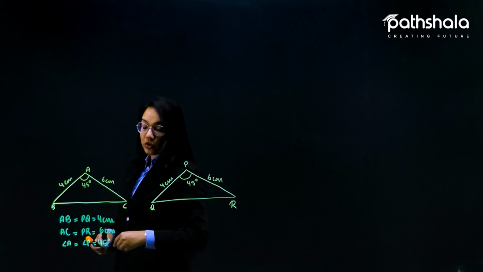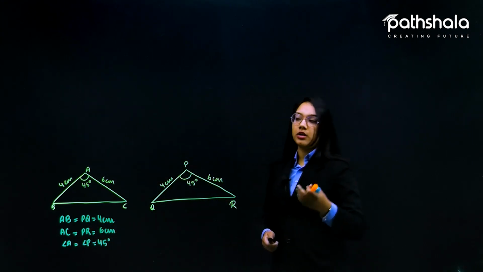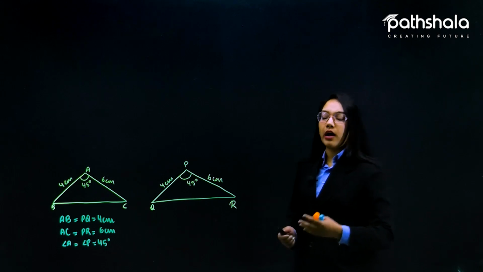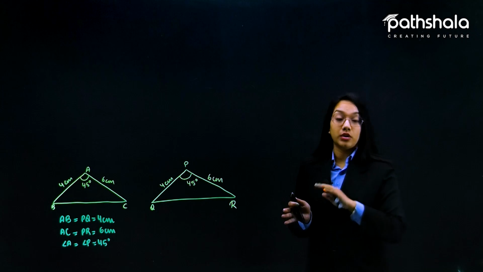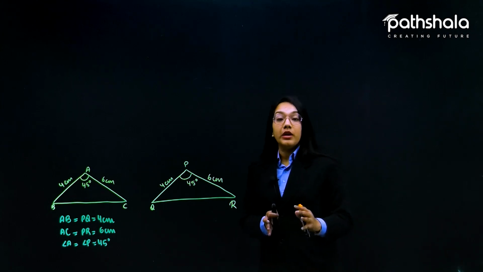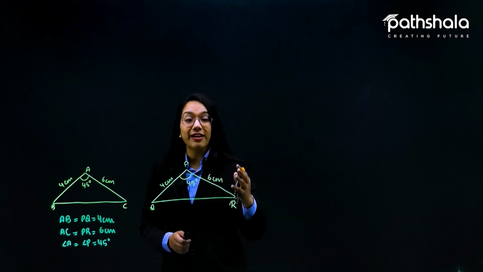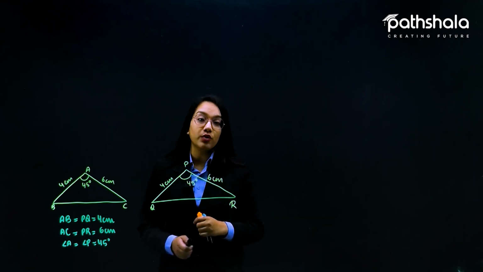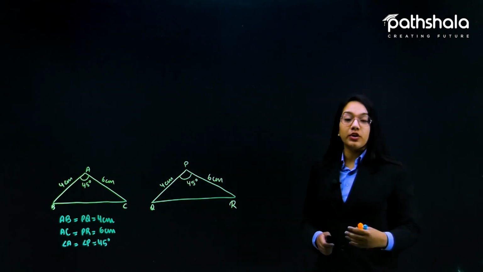So the two sides and the included angle of one triangle are equal to the corresponding sides and angle of the other triangle. Can we say that these two triangles are congruent?